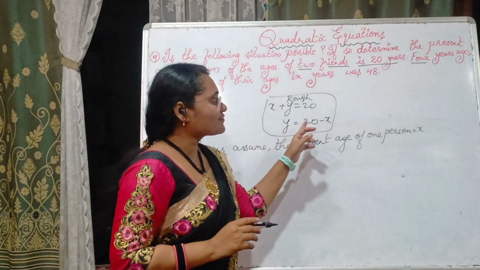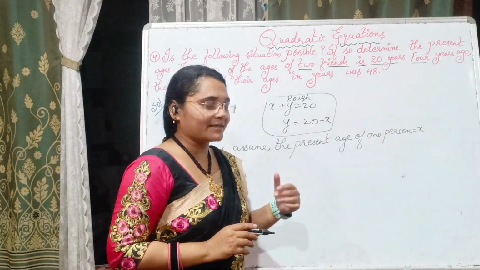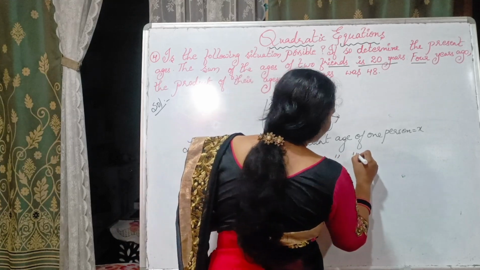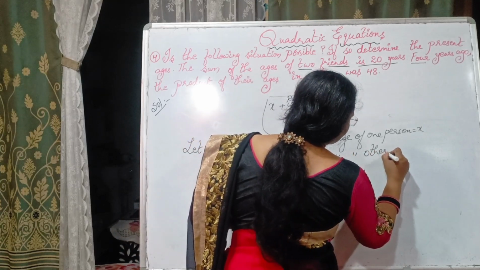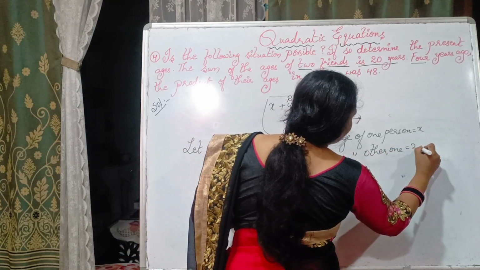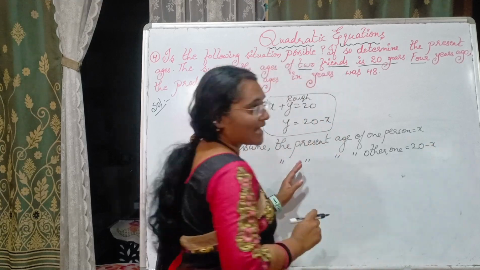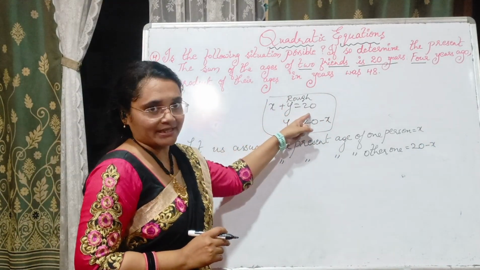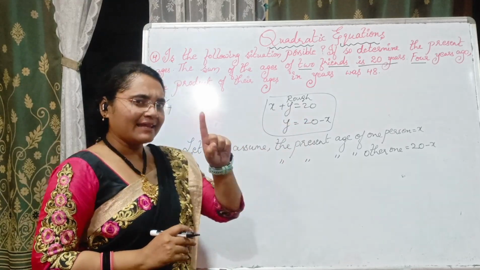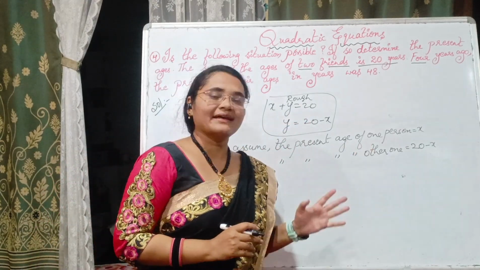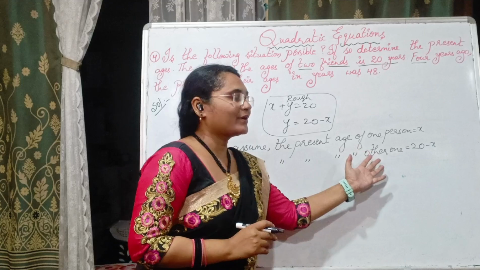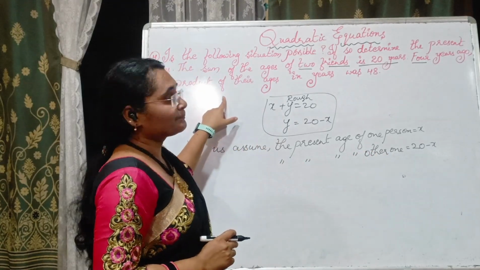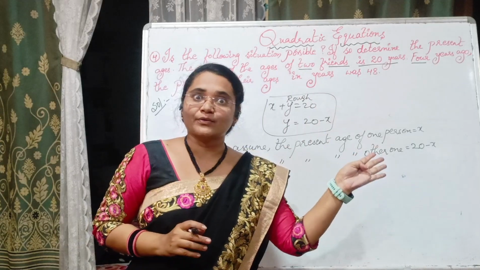Automatically, the age of the second person will be 20 minus x. We have sorted out the first condition, that the sum of the two friends' ages is equal to 20. From that we got that the age of one friend is x and the age of the second person is 20 minus x. Moving to the second condition, he has given 4 years ago.